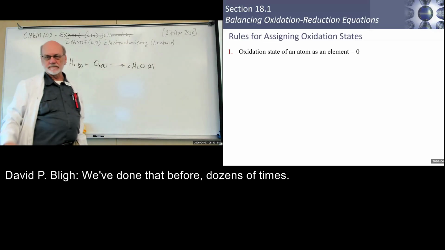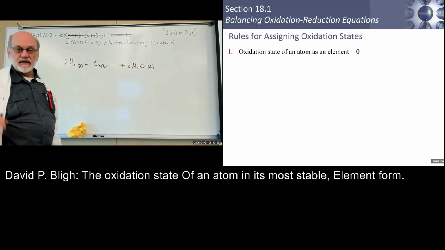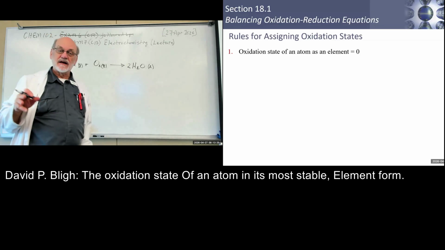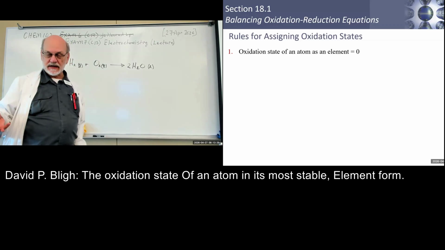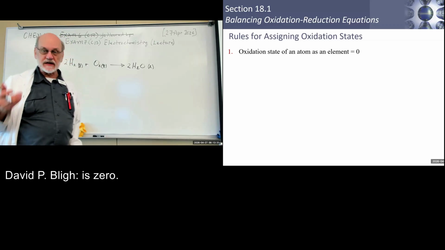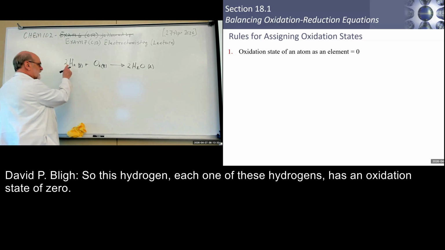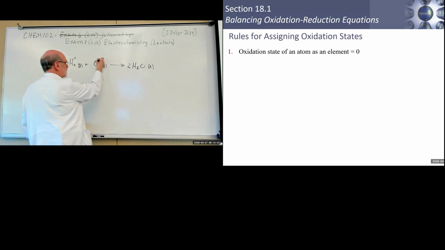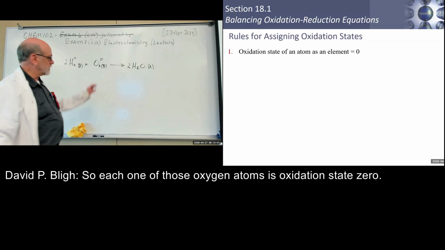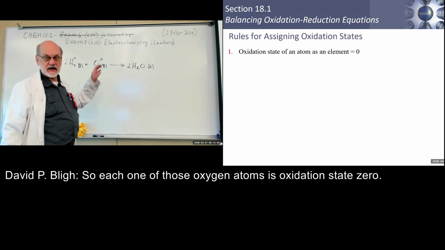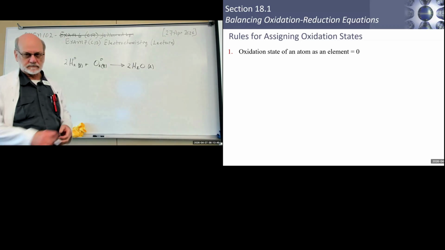We've done that before dozens of times. The oxidation state of an atom in its most stable element form is 0. So each one of these hydrogens has an oxidation state of 0. And so does that oxygen. So each one of those oxygen atoms is oxidation state 0.